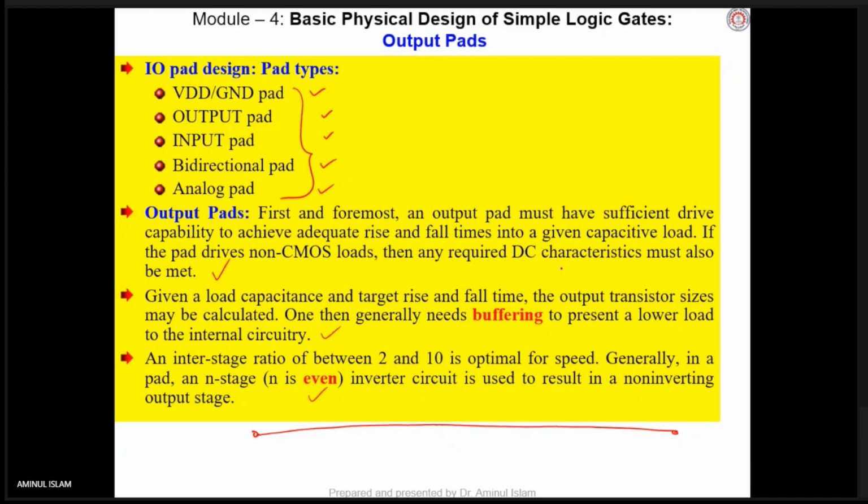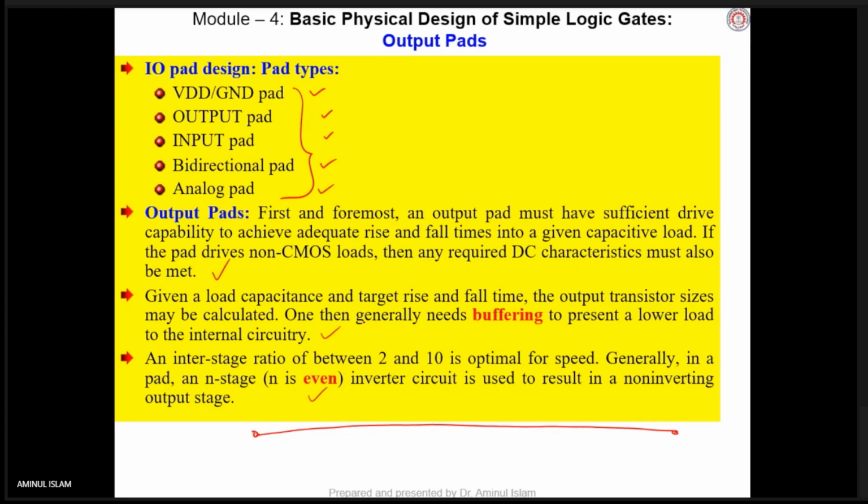First and foremost, an output pad must have sufficient drive capability to achieve adequate rise and fall times into a given capacitive load. If the pad drives non-CMOS loads like TTL, then any required DC characteristics must also be met.